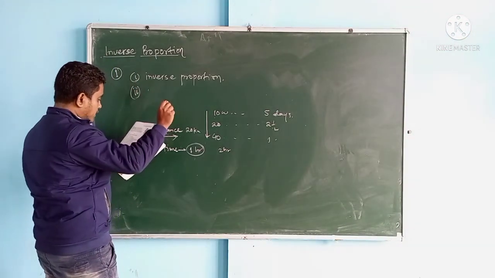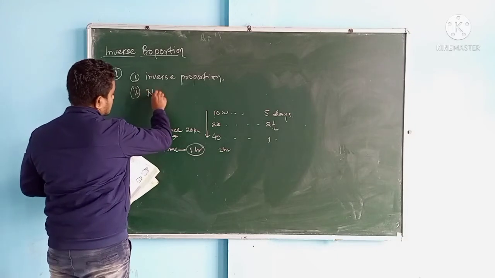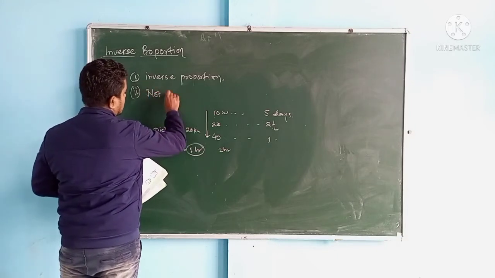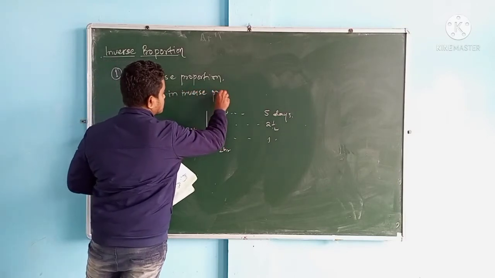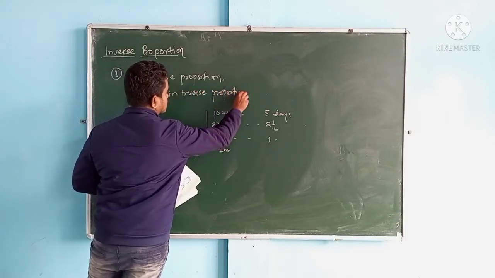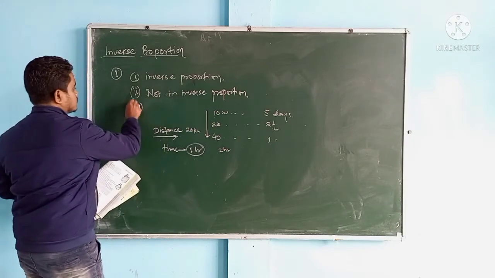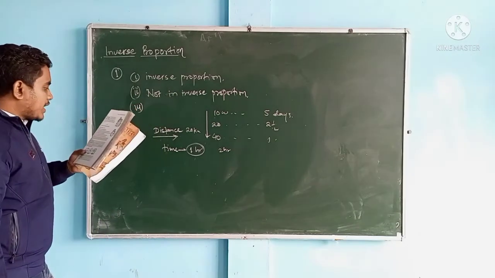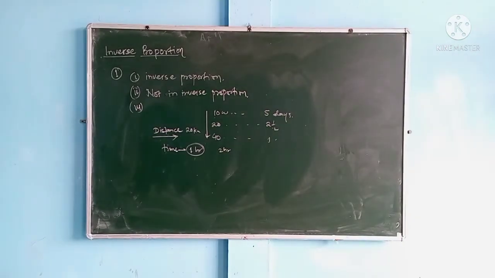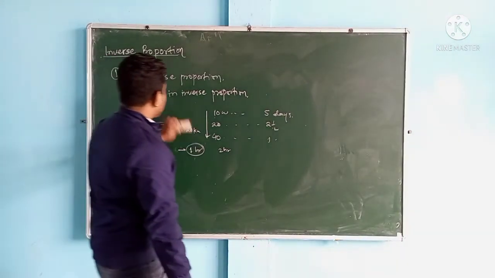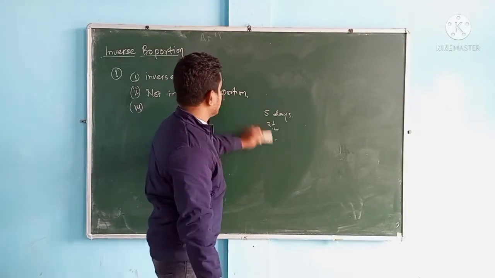Next, area of cultivated land and crop harvested. As the area of cultivated land increases, the crop harvested also increases.